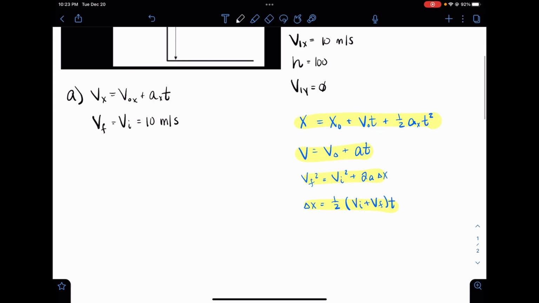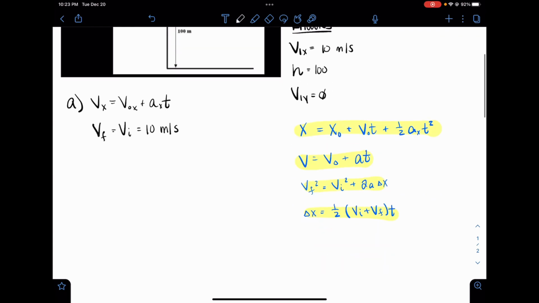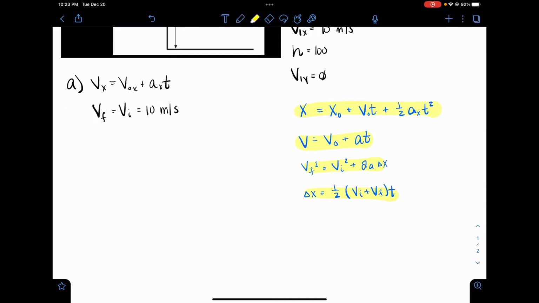Next, we want to find the final velocity in the y direction. Now, we don't have too much information, so a good place to start, if we don't have time or anything like that, is this third equation. Because we're looking for final speed, we have an initial speed, we have an acceleration, and we have a change in distance.